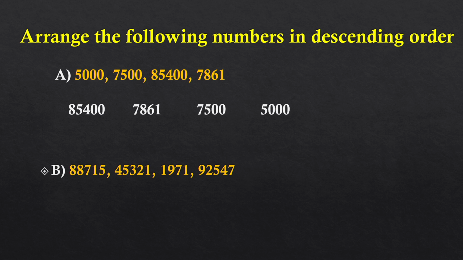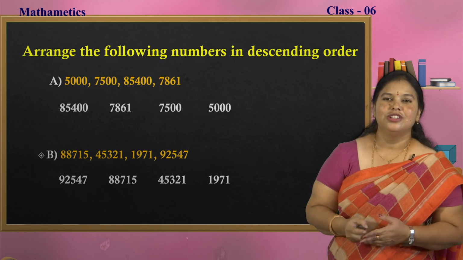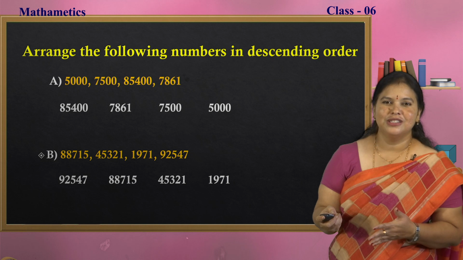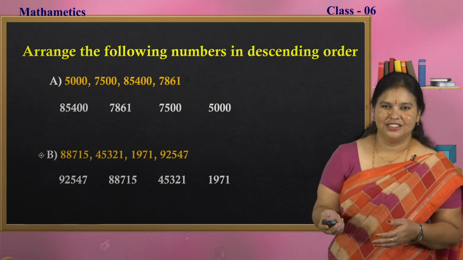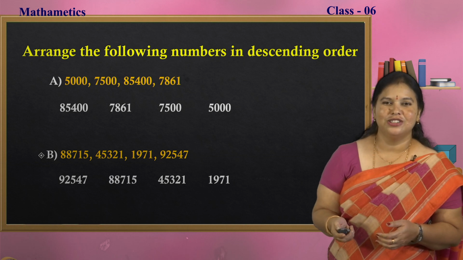So, we will take the greatest number first, that is 92,547, 88,715 and 45,321 and 1,971. Yes, I think you have all learnt this concept. So, you know how to compare numbers and how to arrange the numbers in ascending order and descending order. Yes, we will move on to the next one.